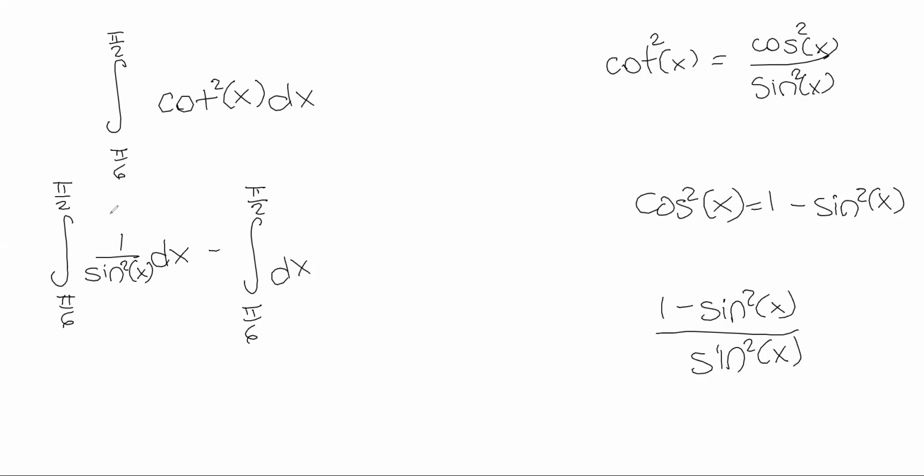So we have 1 over sine squared of x. I want to look at the table and see if there's anything that could help us out with this one. Maybe one of the double angle formulas could be useful to us. Take a quick look, see what we have.